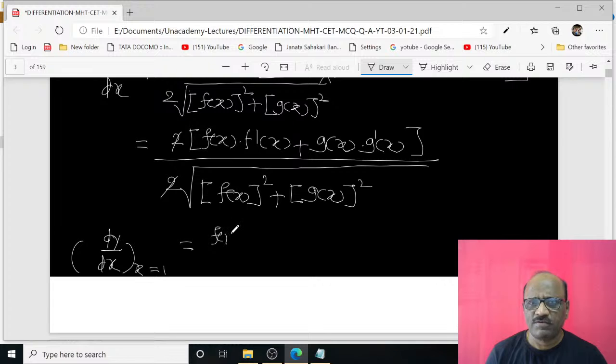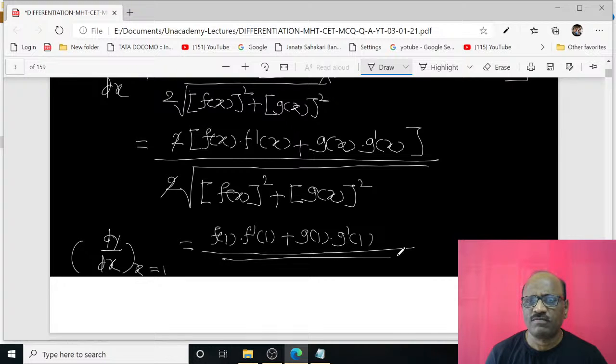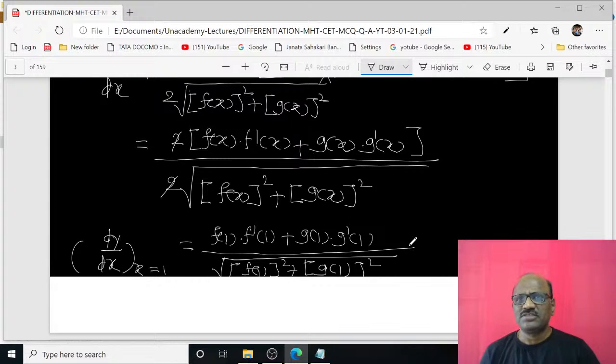Here is f of 1 into f dash of 1 plus, what is the next? g of 1 into g dash of 1. Okay, this whole divided by under root of f of 1 bracket square plus g of 1 bracket square. Then we substitute the values.